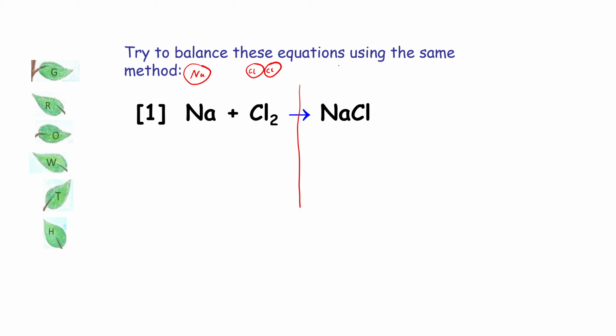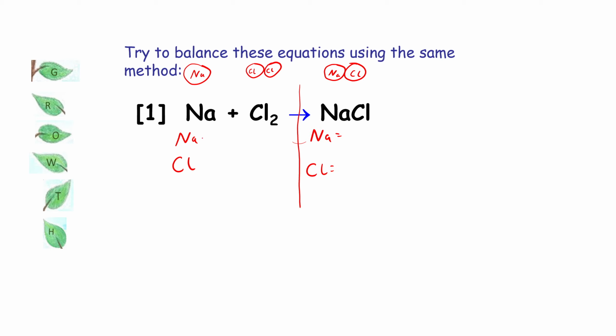Then I've got a sodium atom bonded to a chlorine atom. Right. So on the left-hand side, I'm going to write all of the elements that I have. I've got sodium, I've got chlorine. The method that I use is slightly different because people like to write them in the middle. I prefer to have it on each side. Now you've got the same elements on both sides, so I'd write them again.